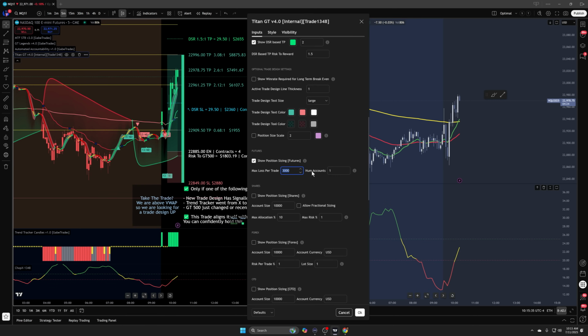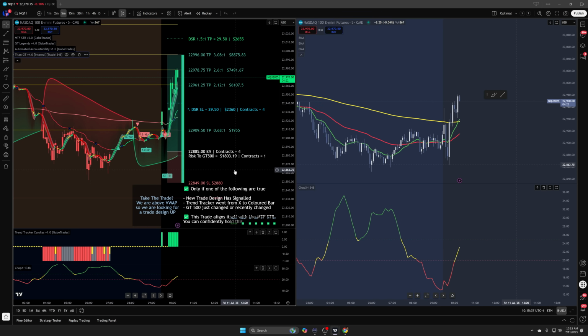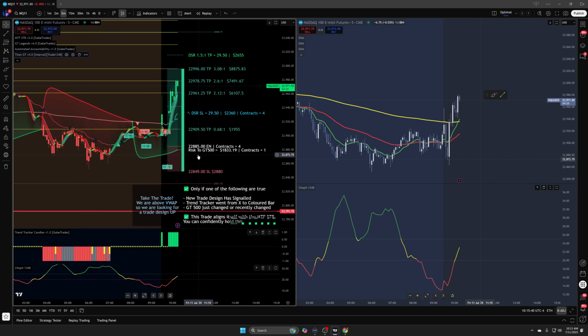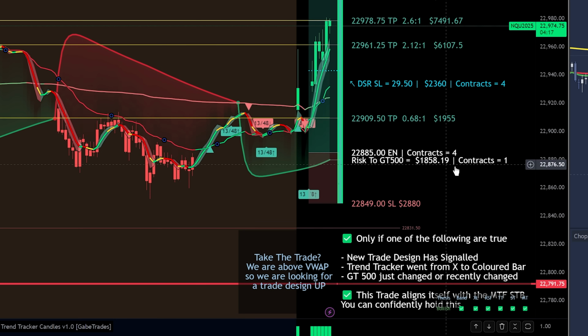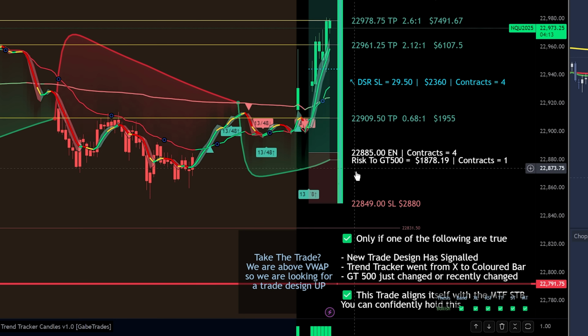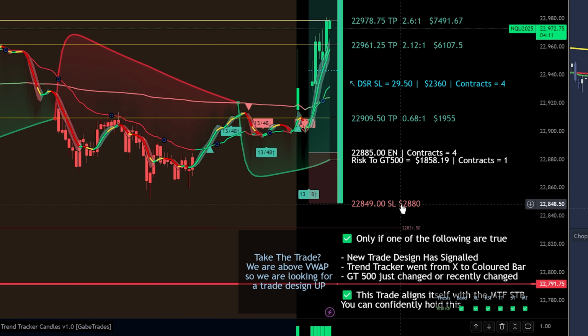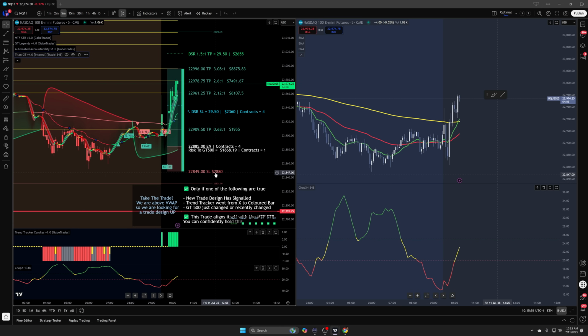And so then with this, I'm told, okay, based on your risk, this is your allocation for contracts, right? And this is your risk box before you lose your $2,800 or $3,000, which is going to be right here. So now I tell you where your stop should be. And well, this is a 2.6 to 1.